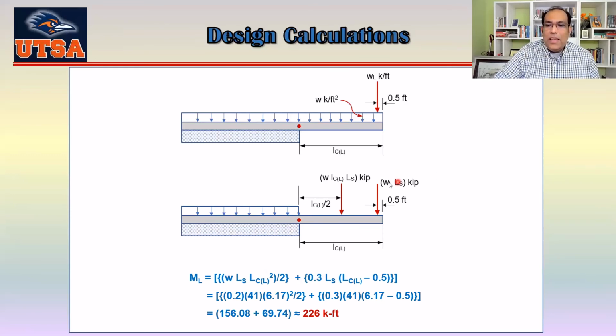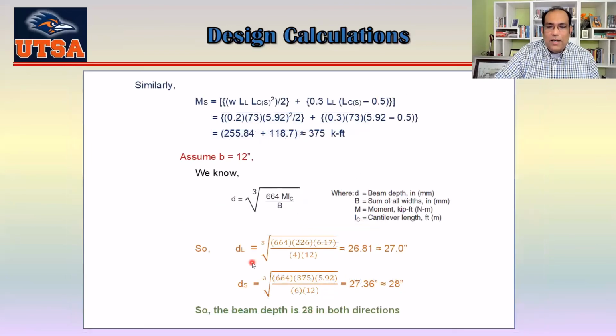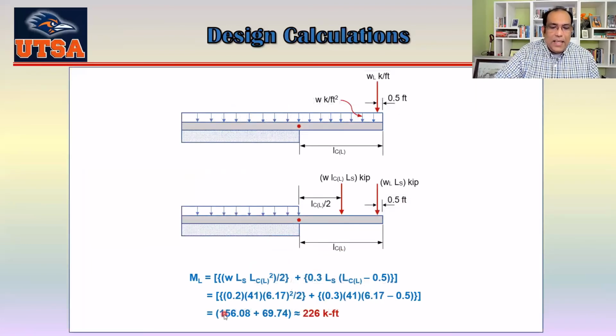So you can see WL, LS, and then LCL minus 0.5, that's the distance from here to here, okay? If I plug all those values here, I get a 226 kip-feet moment, a negative moment actually, right? You can see here, this one is trying to bend like this. So this is a negative moment, which is 226 kip-feet.